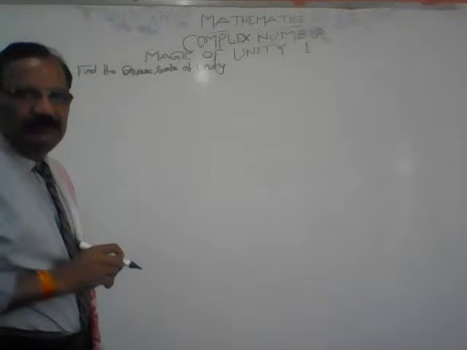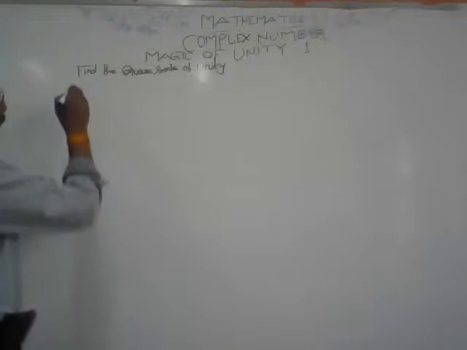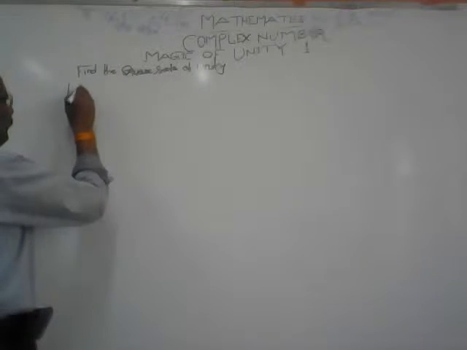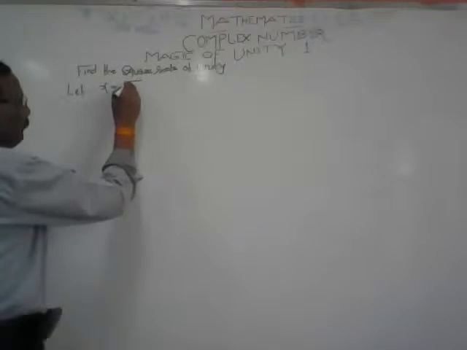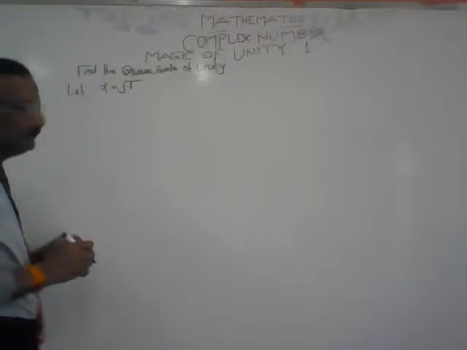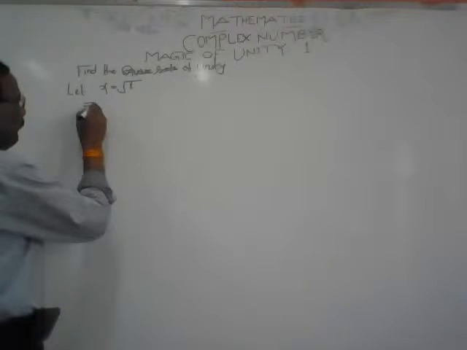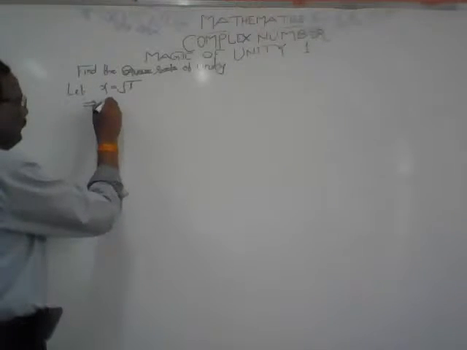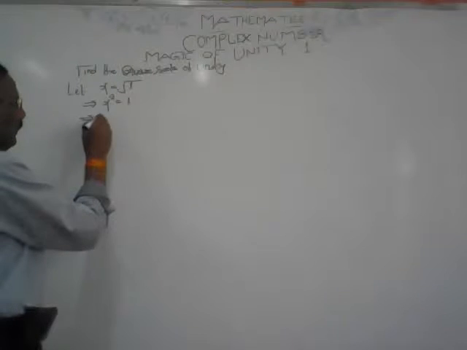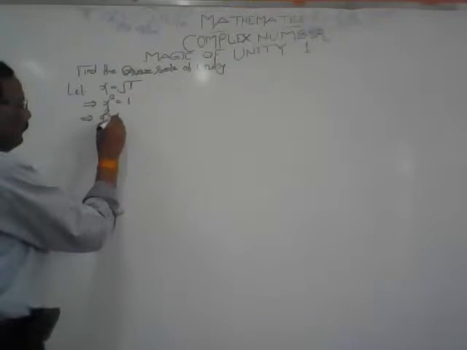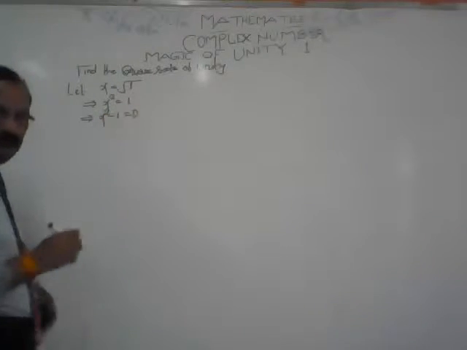Square root of unity. What can we say? Let x is equal to square root of 1. This means x squared is equal to 1. This means x squared minus 1 is equal to 0.